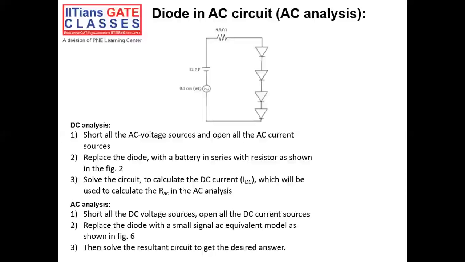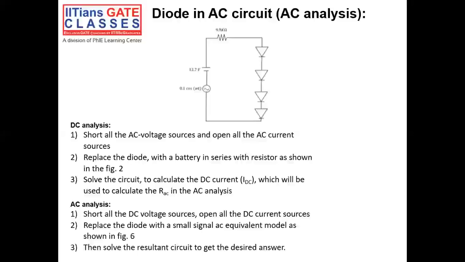Now, how do we do the AC analysis? The first step of the AC analysis is to short all the DC voltage sources and open all the DC current sources. The second step is to replace the diode with a small signal AC equivalent model.